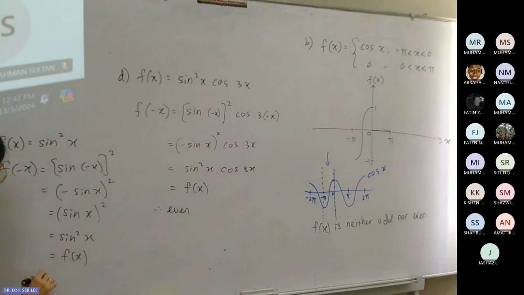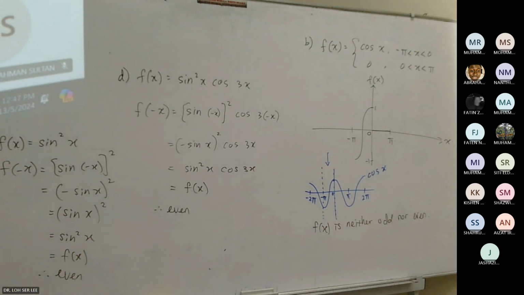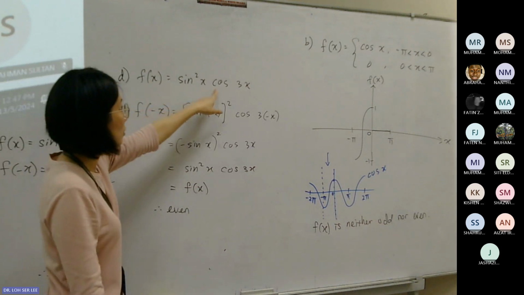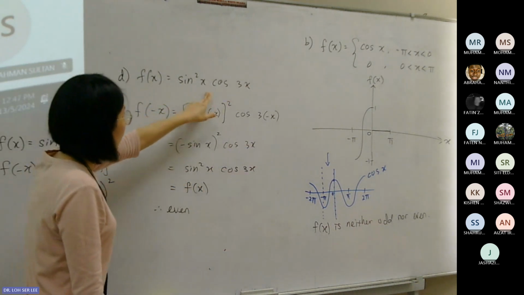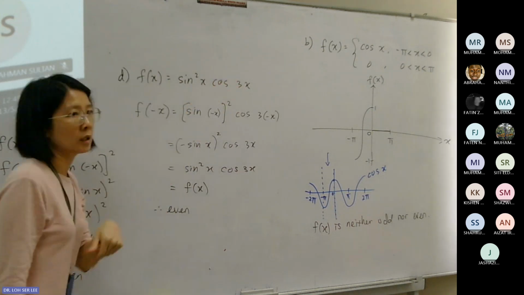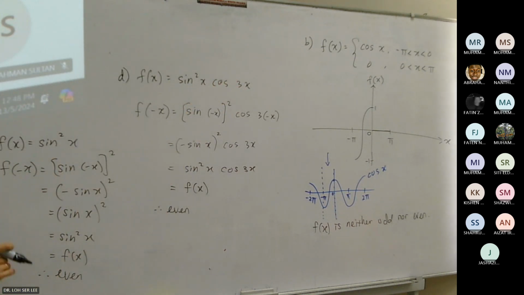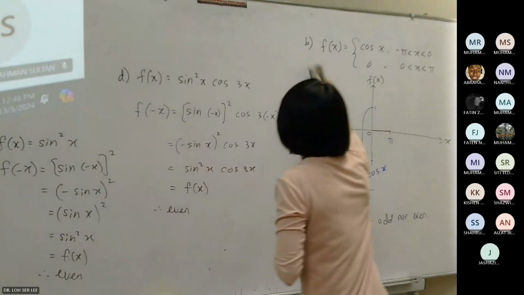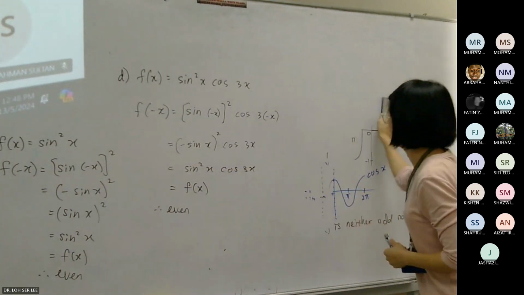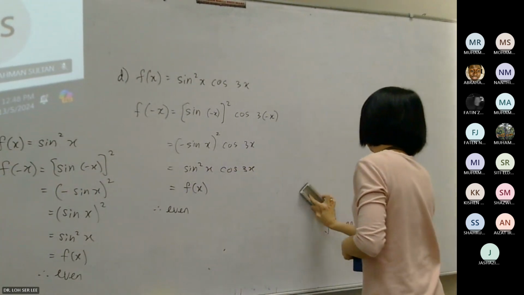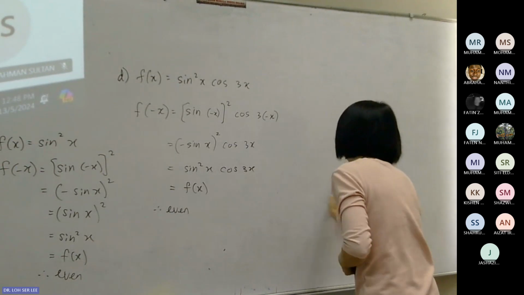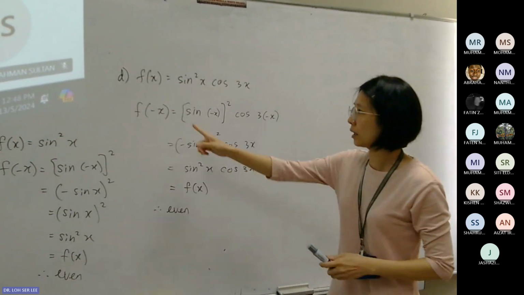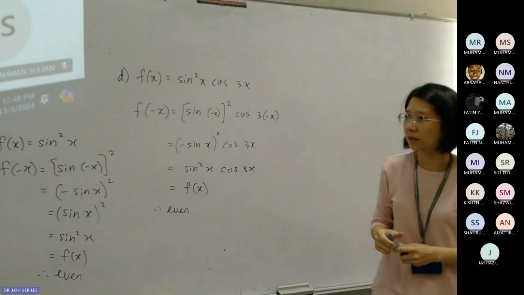So that means this is even. Sine is odd, but with the square, it will be even. Same goes to the cos function. Cos is even. But if you have cos to the power of 3, it will be odd. But if you want to check whether it is odd or even, you just use this way. Then you can get the answer.